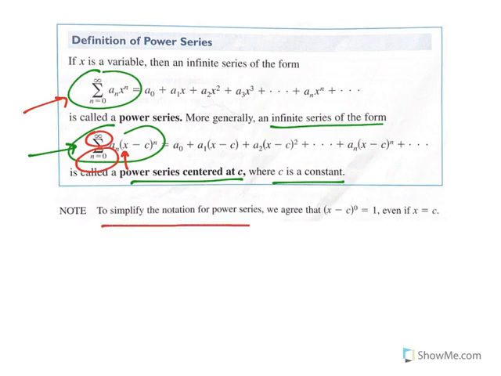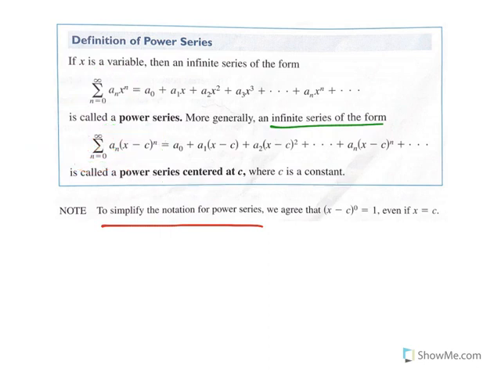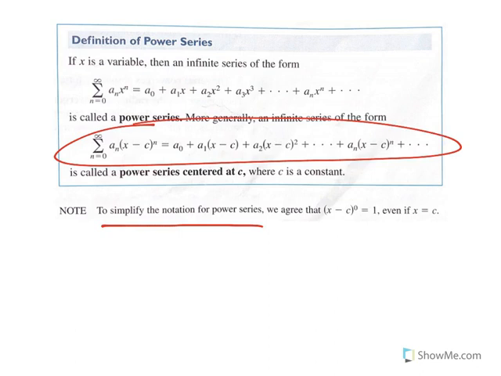So to simplify the notation for power series, we agree that (x minus c) to the 0 is equal to 1, even if x is equal to c. All that means is, if you look at the first term here, it's a naught, basically a sub n when n is equal to 0.